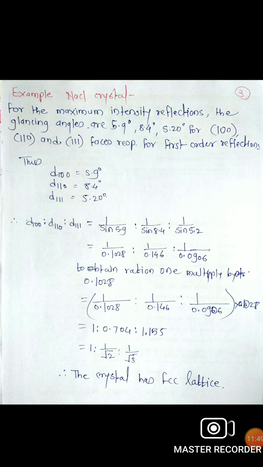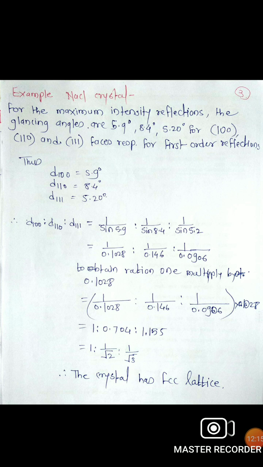For NaCl crystal, for the maximum intensity reflection, the glancing angles are 5.9 degree, 8.4 degree and 5.20 degree for the 100, 110 and 111 planes respectively. For first order reflection, d100 is at 5.9 degree, d110 at 8.4 degree and d111 at 5.20 degree.